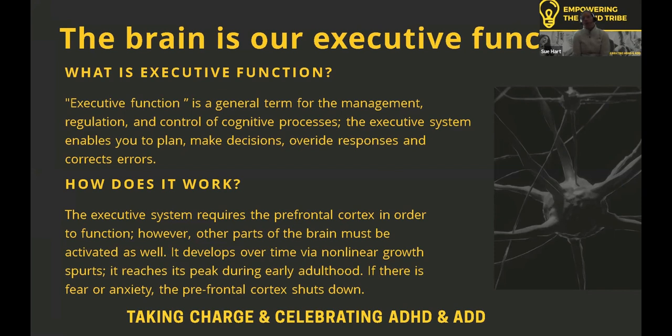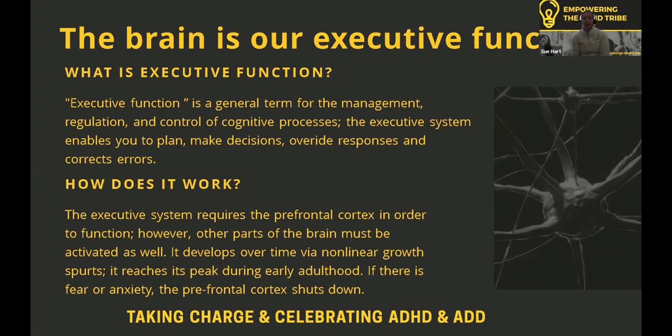So how does that work? Well, the executive function requires the prefrontal cortex, the front part of the brain, in order to function. Other parts must be activated as well. So as soon as fear comes in, what that does is it shuts down the prefrontal cortex, so you don't have access to it.